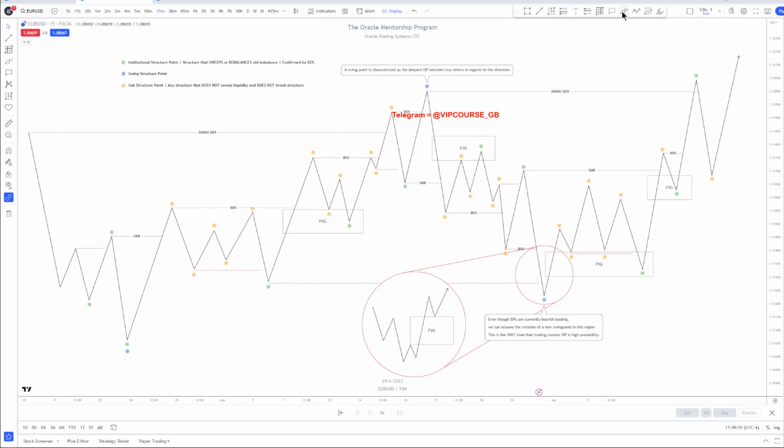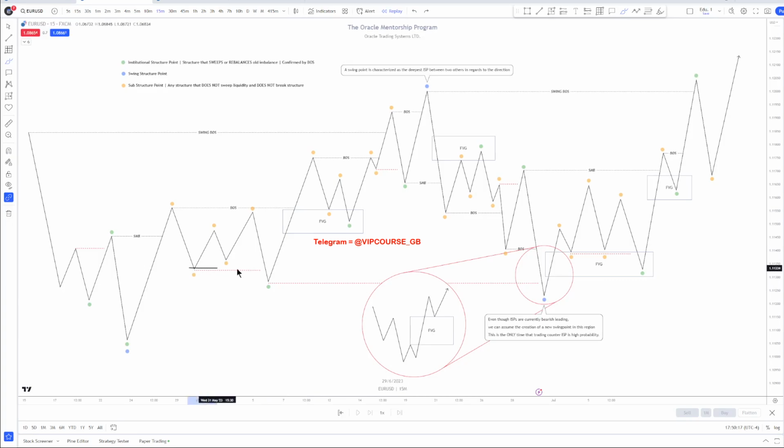So substructure is any structure point here that does not sweep liquidity, it does not break anything substantial. This, until confirmed, is classified as substructure by default until it's confirmed.